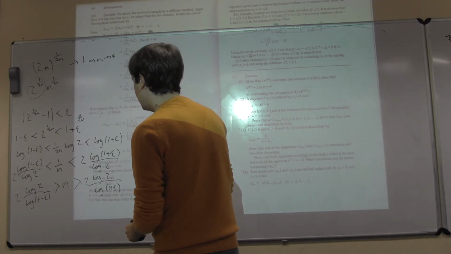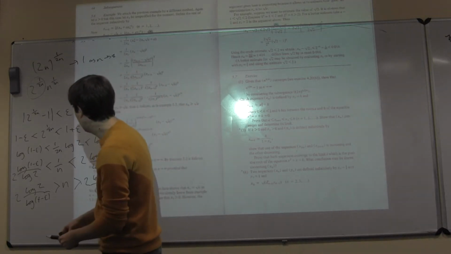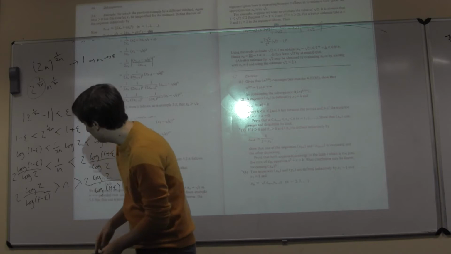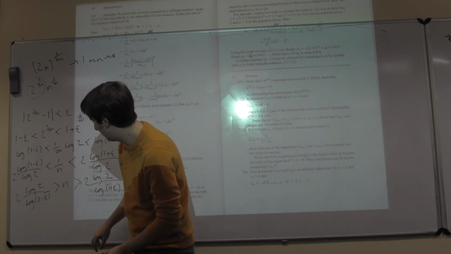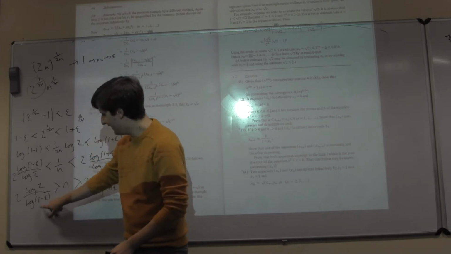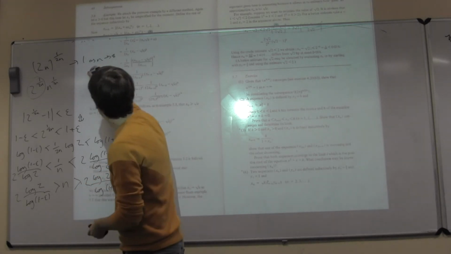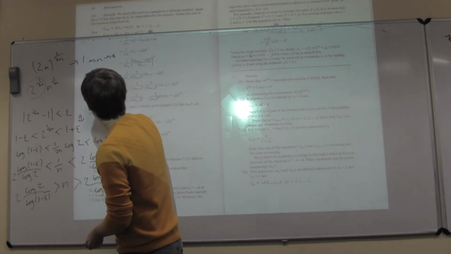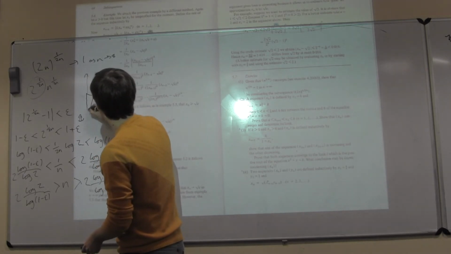I haven't made a mistake somewhere, have I? Oh, of course. Remember what the logarithm function looks like? Log of x looks like this. You see logarithms a lot in economics.